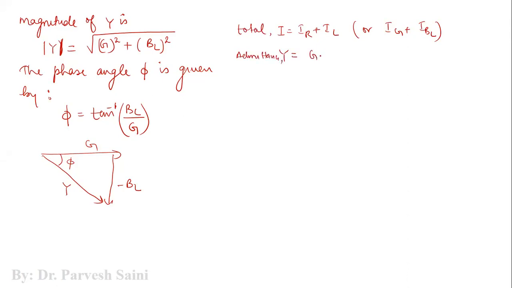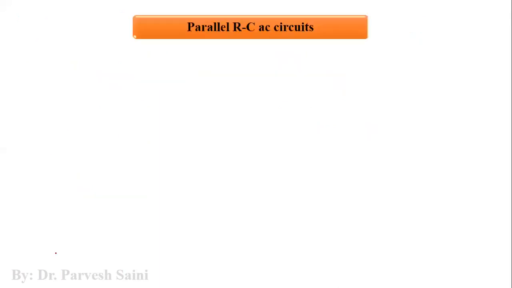It is given by G minus JBL, right? The magnitude of Y is given by under root G square plus BL square, and the phase difference is given by tan inverse BL upon G. So now this is about the RL. Let's come to the parallel RC AC circuit.